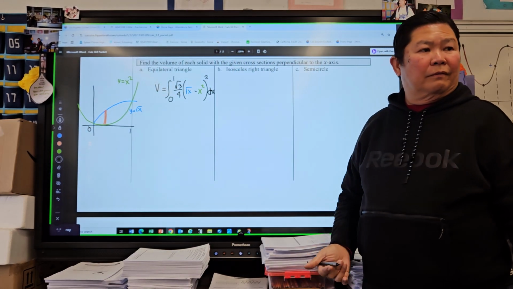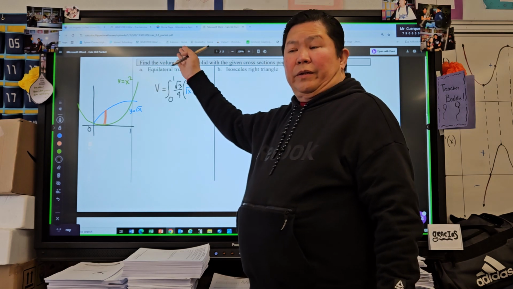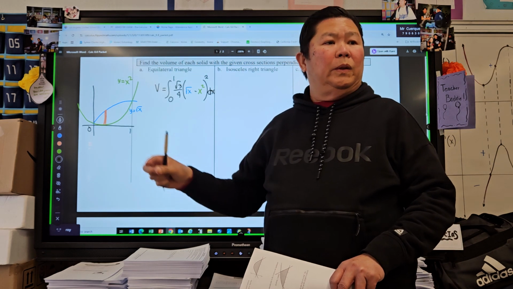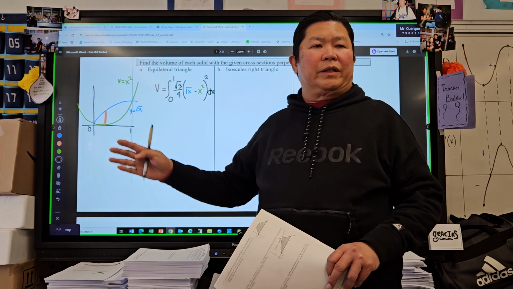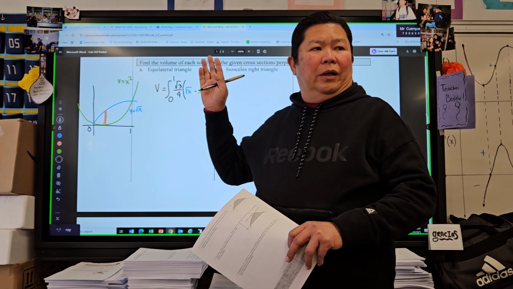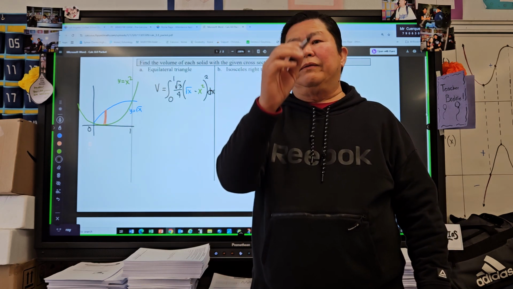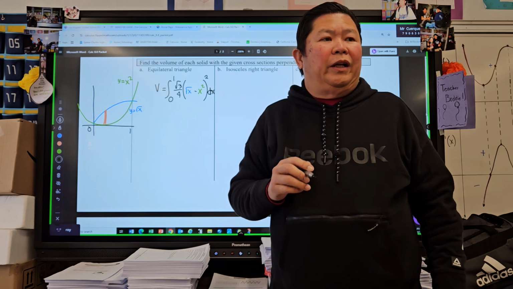If this is a free response question, under questions 1 and 2, then you can use a calculator. But normally, if this falls under multiple choice, you don't have to solve for the volume. You only have to set up the integral.